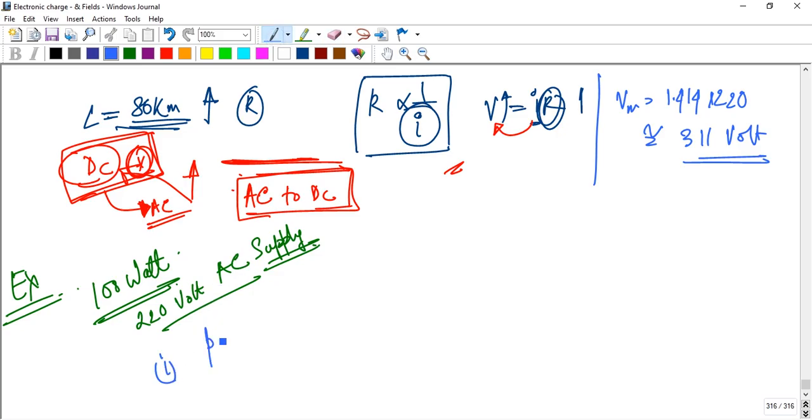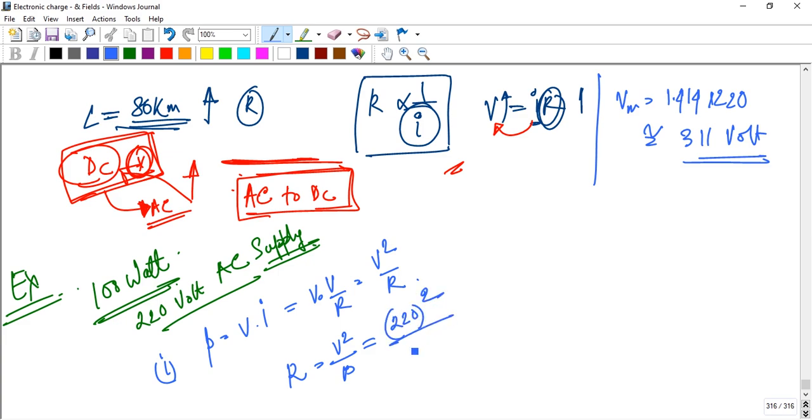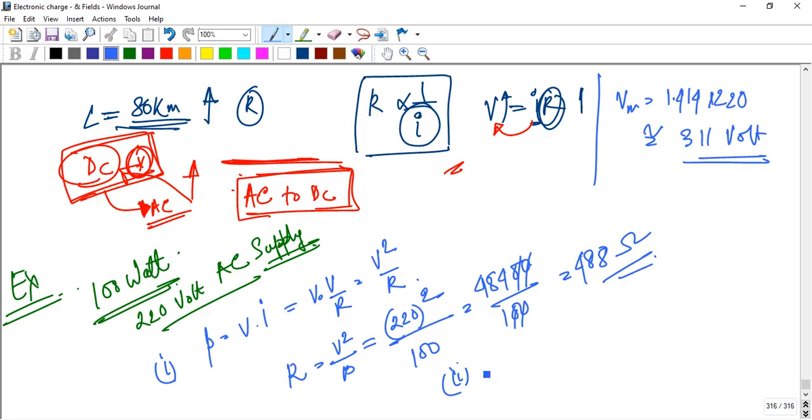Power equals V times I, and I equals V by R, so P equals V squared by R. So R equals V squared by P. Here V squared means 220 squared, divided by P, which is 100 watt. 220 squared is 48400, so the zeros cancel, and we get 484 ohm.